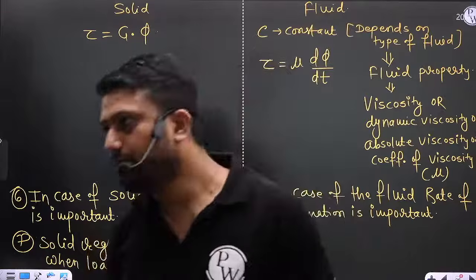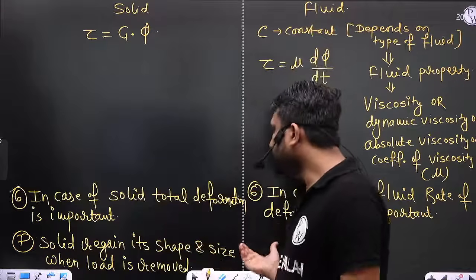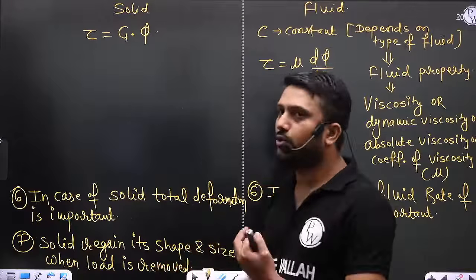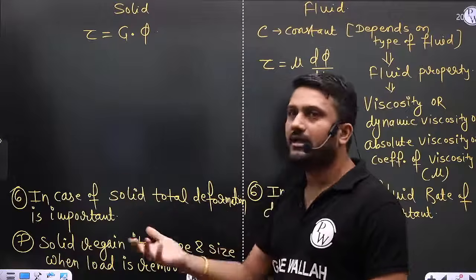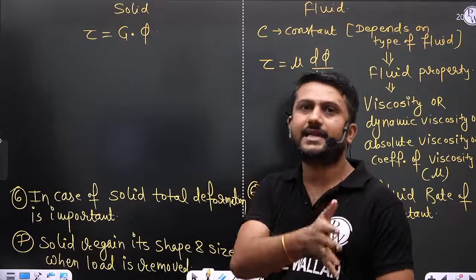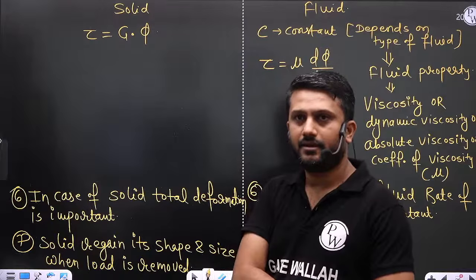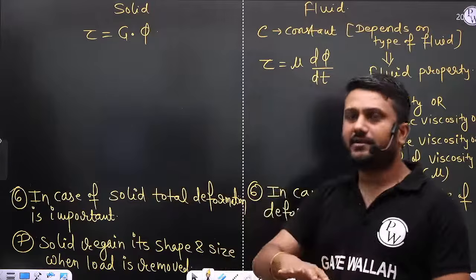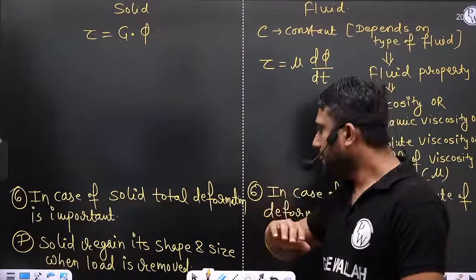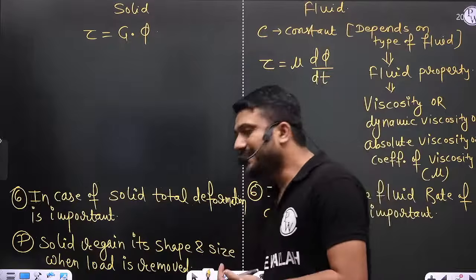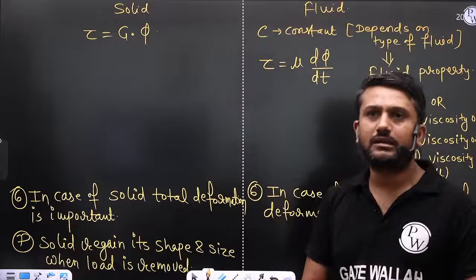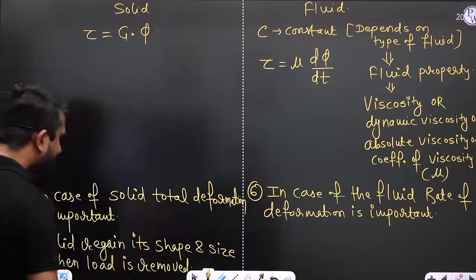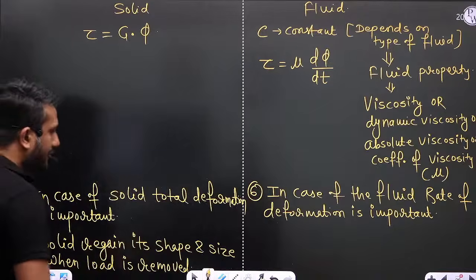When we write this difference, we are assuming whatever load you applied on a solid is within the elastic limit, right? So within the elastic limit, when you remove the load, solid will regain its shape and size.